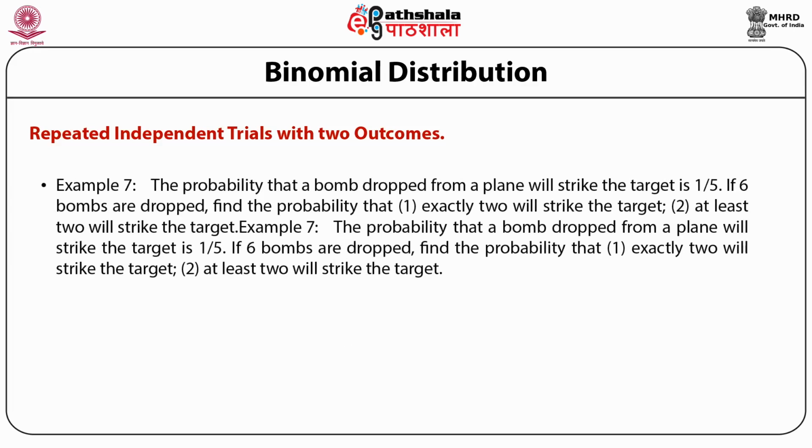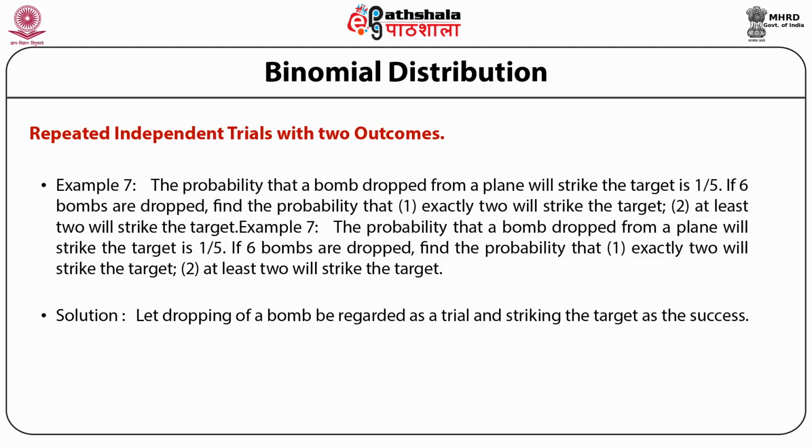The probability that a bomb dropped from a plane will strike the target is 1 by 5. If 6 bombs are dropped, find the probability that first, exactly 2 will strike the target, second, at least 2 will strike the target. Let the dropping of a bomb be regarded as a trial and striking the target as the success.